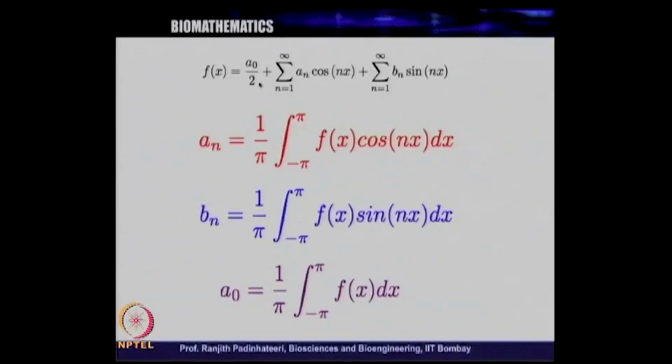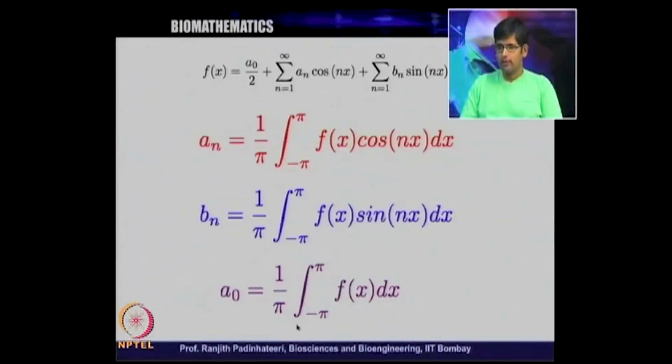The integral from minus pi to plus pi of f of x cos n x is a n, and the integral from minus pi to plus pi of f of x sin n x is b n, with n from 1 to infinity. For a 0, it is just the integral of f of x dx.